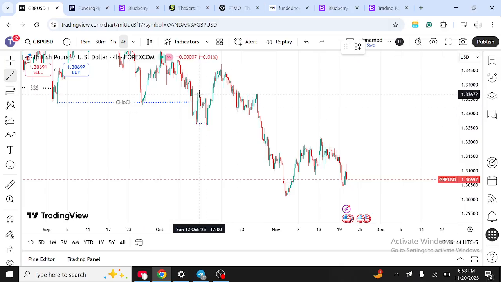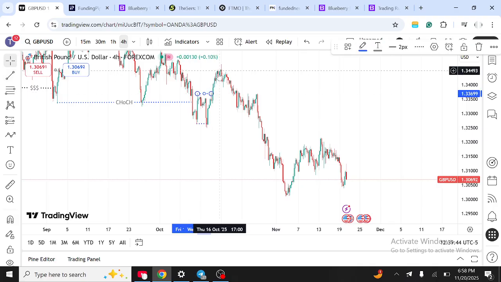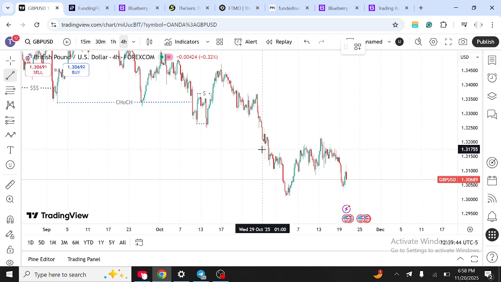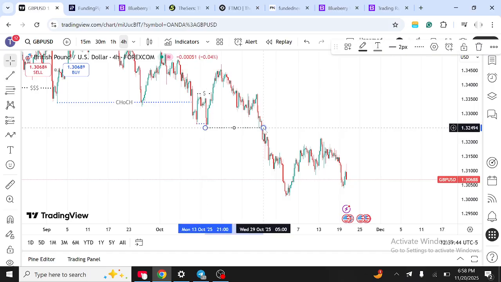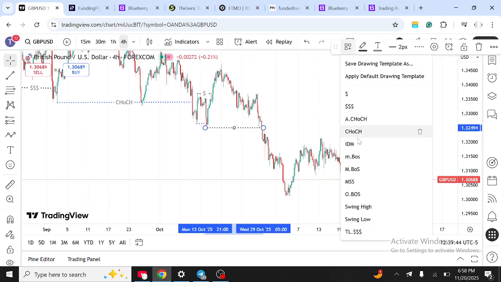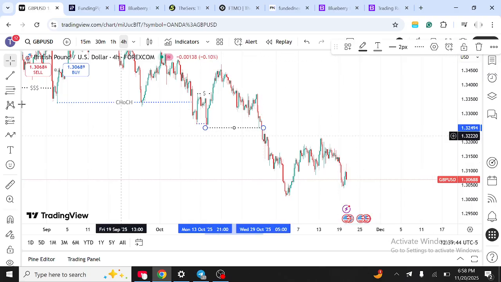So we have this was broken. All right. So we can call this a sweep of liquidity. When we call that a sweep of liquidity, then we have this break. The swing low was broken, okay, which is our major break of structure now.